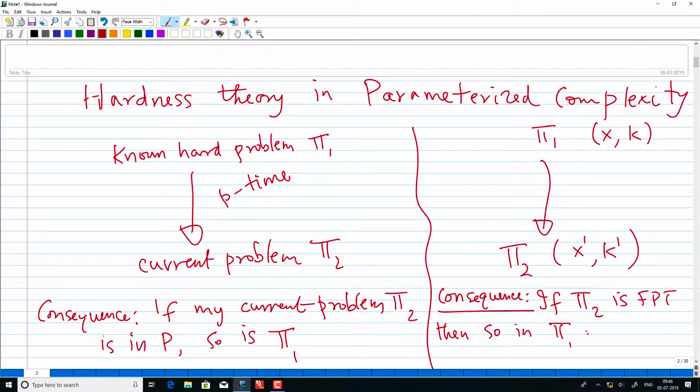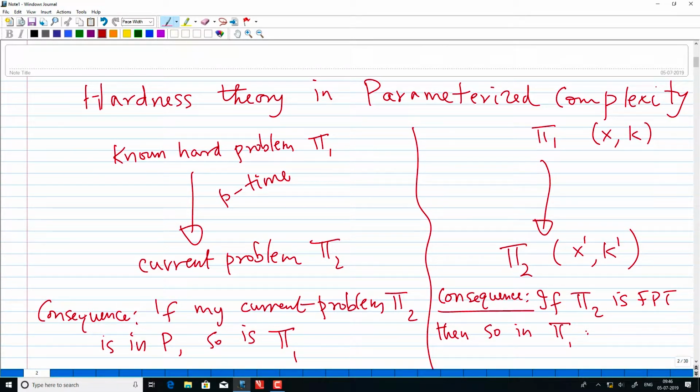Now let us think about what condition the reduction should satisfy to achieve this consequence. How much time should I allow for the reduction? Ultimately I want pi 2's algorithm as a subroutine to solve pi 1. So I take an instance of pi 1, convert it to an instance of pi 2, use pi 2's algorithm and get back the answer for pi 1. But all of this should happen in fixed parameter tractable time.